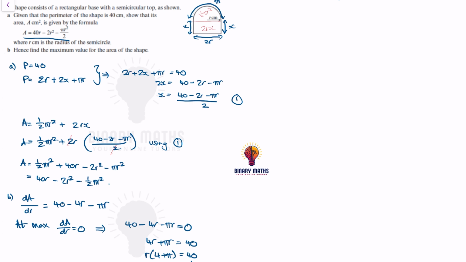So the area, if I go here, will be equal to 40 times 40 over 4 plus pi, minus 2 lots of 40 over 4 plus pi all squared, minus a half times pi.